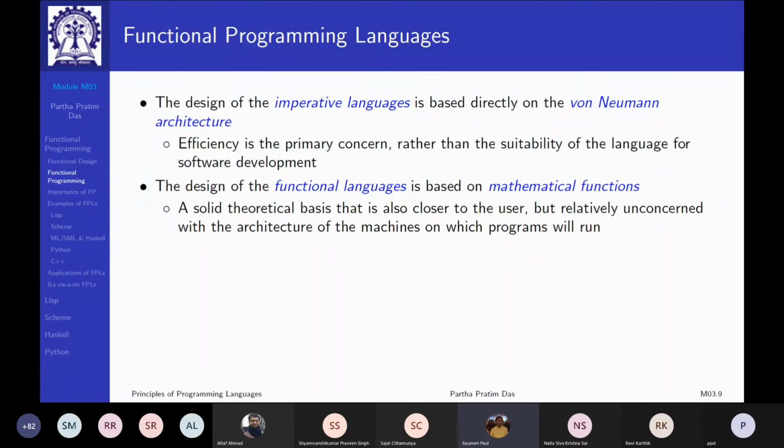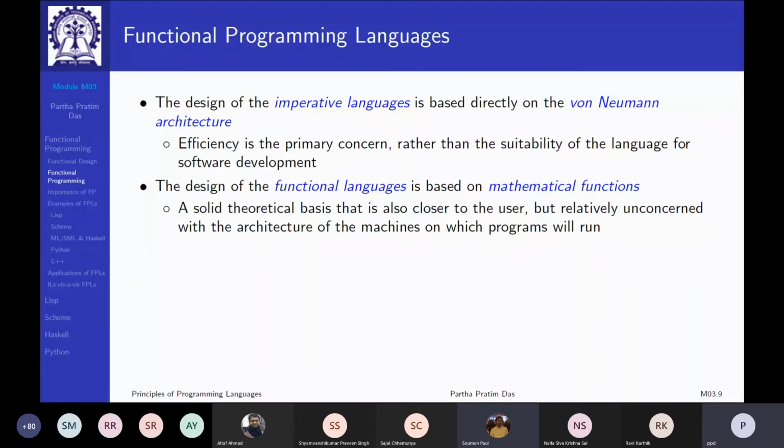Whereas the functional languages are based on mathematical functions, a solid theoretical basis, which we have started building up in module 2. And they are relatively unconcerned with the architecture of the machine on which the program will run. Obviously, finally, the machines are the same. Machines are built with the electronics, so they're the same.